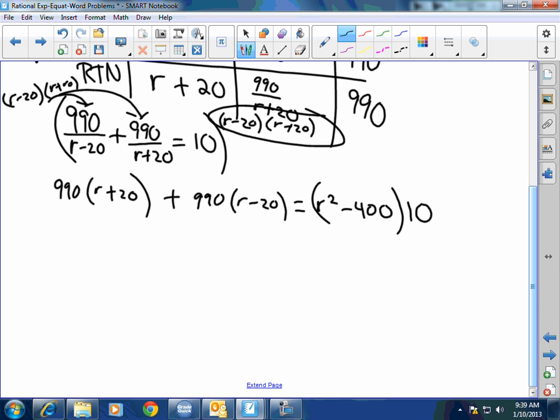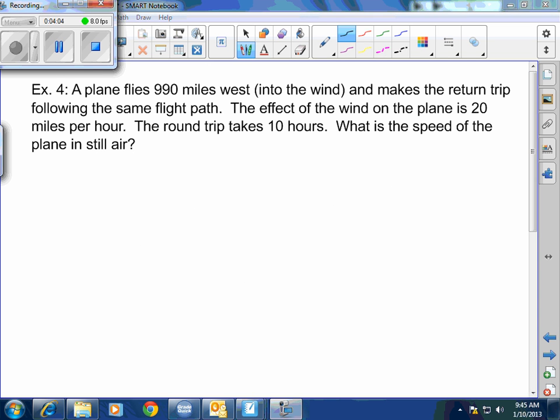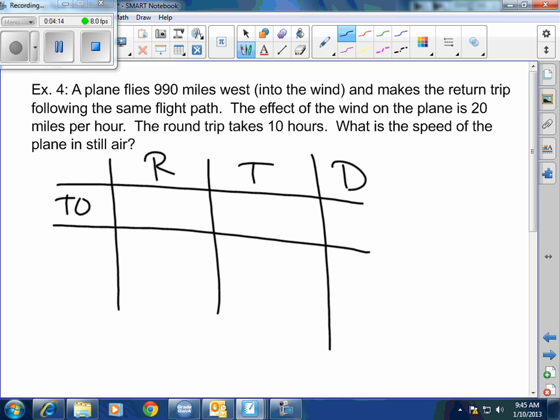Okay. So I've got 990 r plus, hold on, hold on. Okay, so we've got our rate, our time, and our distance. We've got a to, and we've got a return, okay?